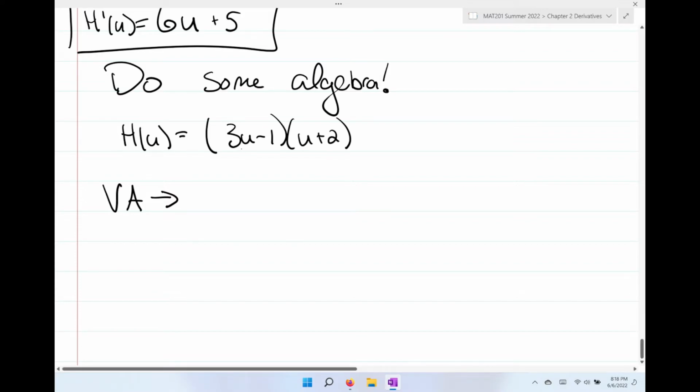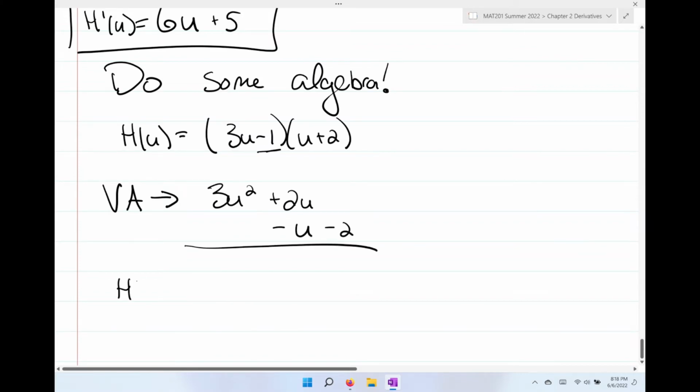So underline the 3u and distribute it. You get 3u squared plus 2u. Now we're going to underline -1, and we're going to group as we go. So we're going to distribute that. -1 times u is -u minus 2.